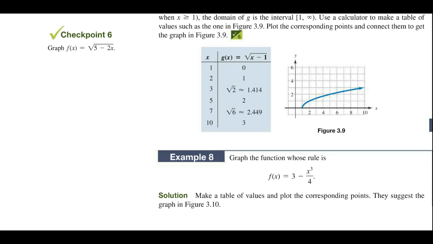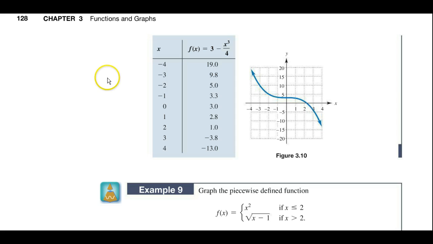So to get the shape of the graph, we're going to need a number of points where we put these values for x into this formula, and we come out with these values, enough to give us a shape. Notice when x is 0, whatever our y value is, our y-intercept is right there at 3.